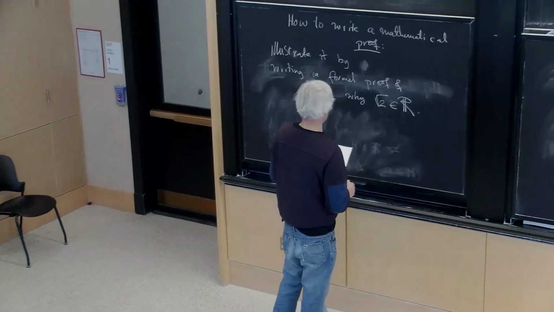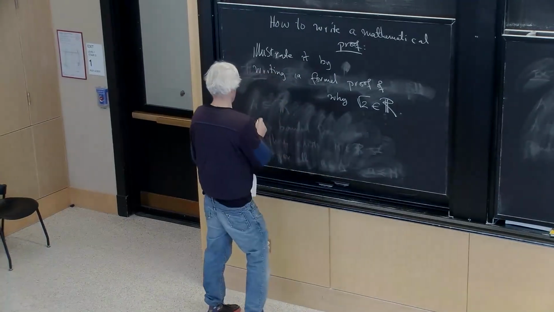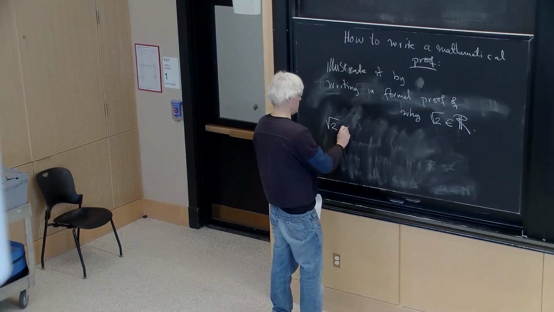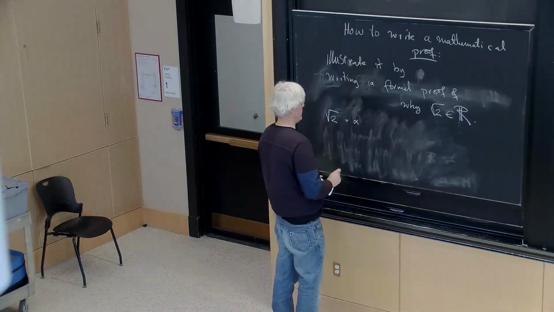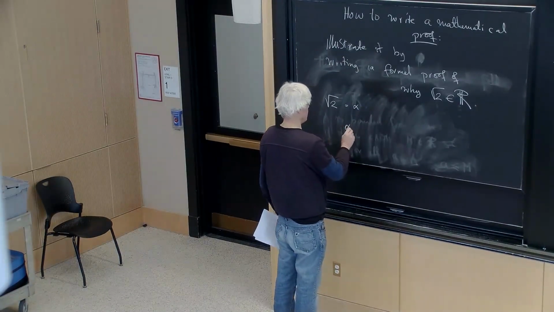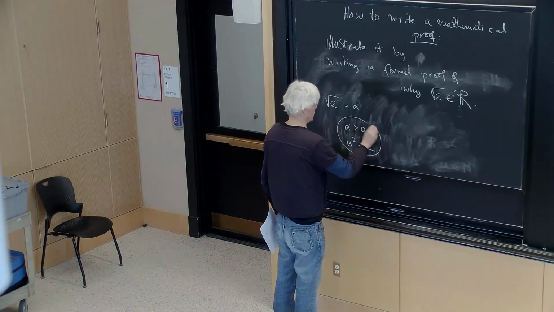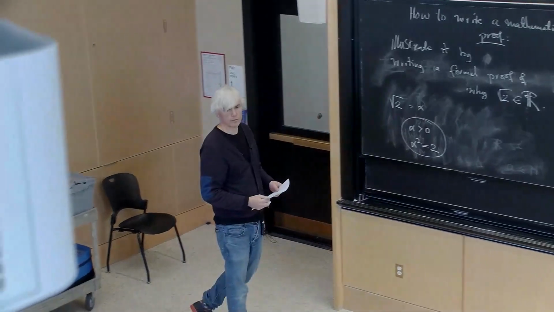Okay, so let's first talk about what the square root of 2 was. It was a number with the property that it's positive, and when you square it, you get 2.